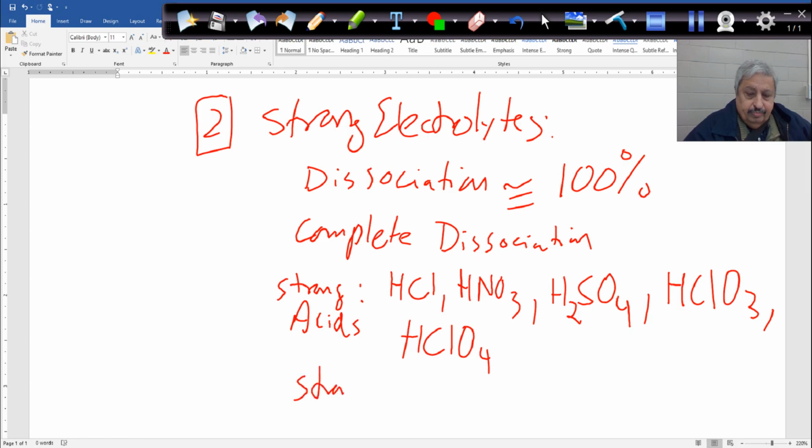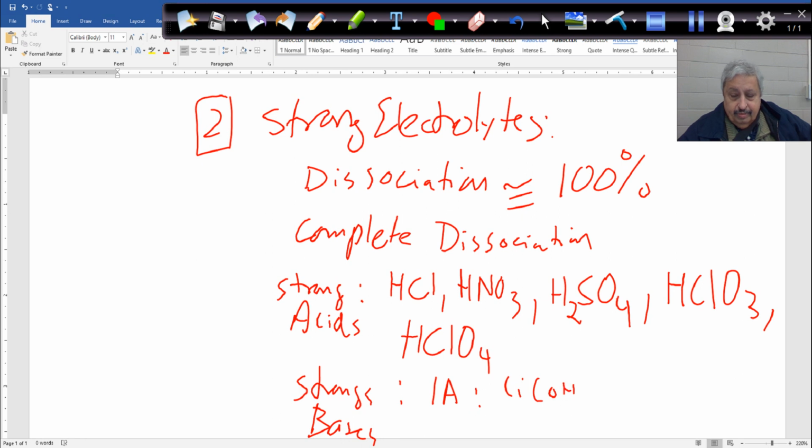Strong bases, you have group 1A bases. Group 1A, for example, lithium hydroxide. We don't need a bracket because we know they are strong. Lithium hydroxide, sodium hydroxide, all the way to francium hydroxide.